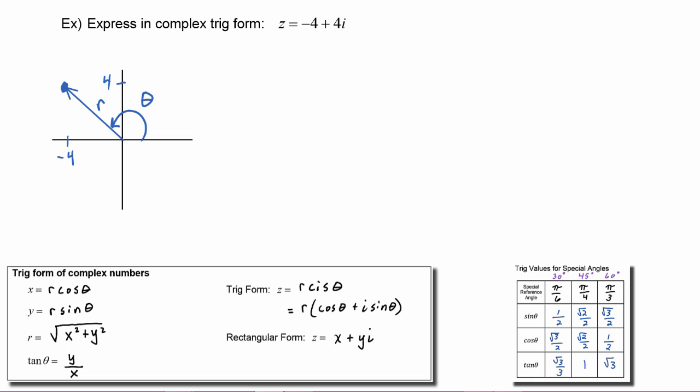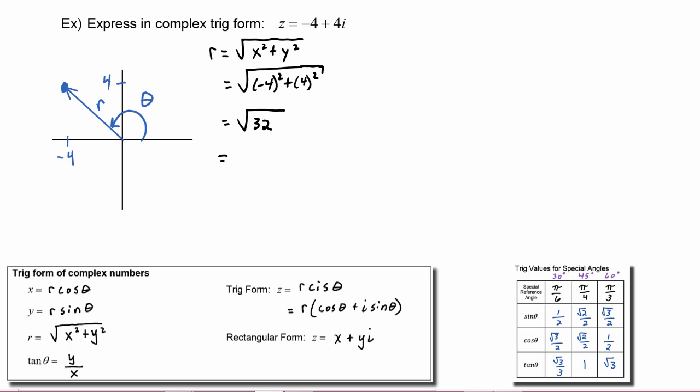Using our conversions, we know that r is going to equal the square root of x squared plus y squared, which is equal to the square root of -4 squared plus 4 squared. 16 plus 16 is 32.